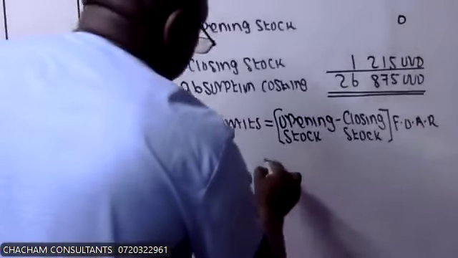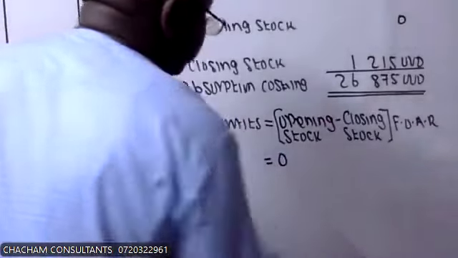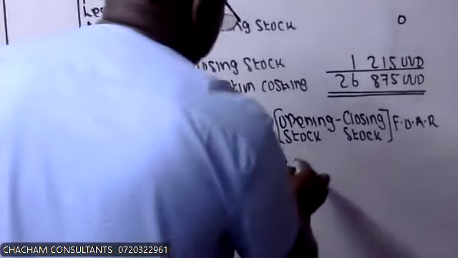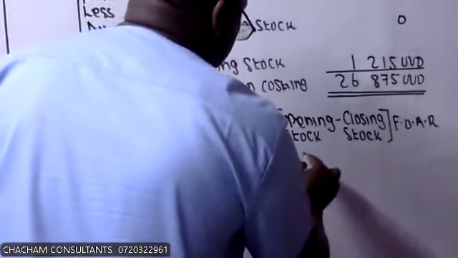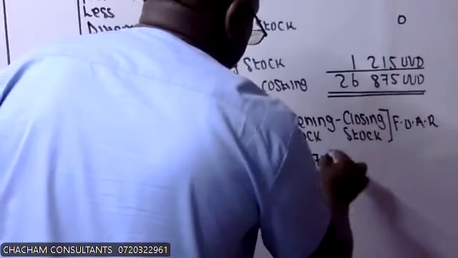Now our opening stock was 0 and the closing stock was 2,700, I guess so.